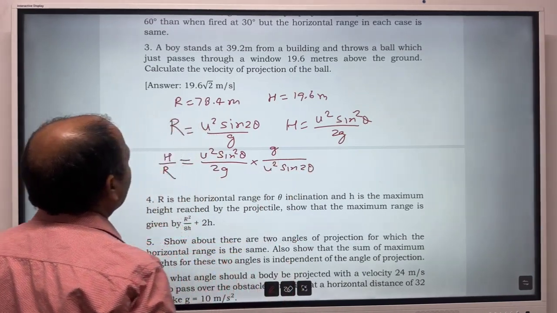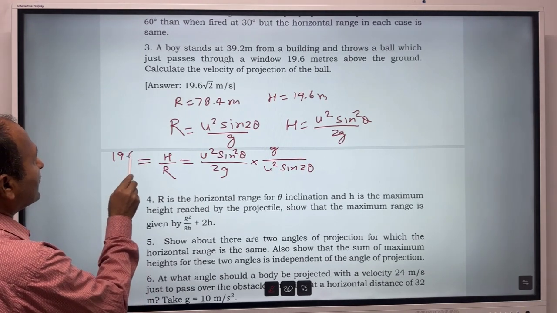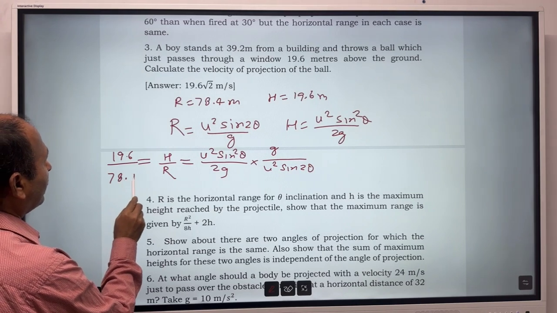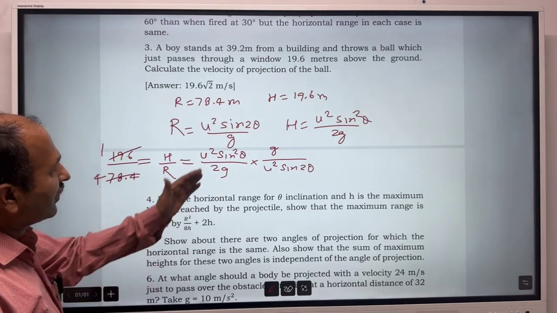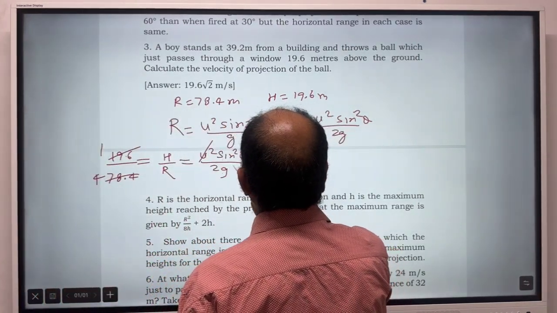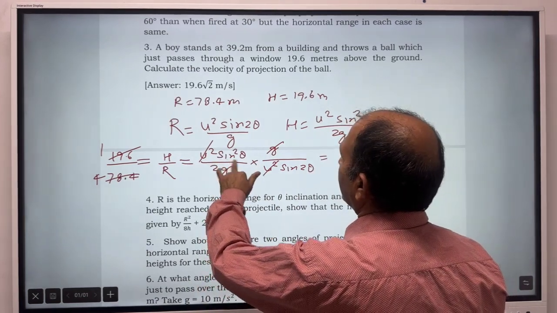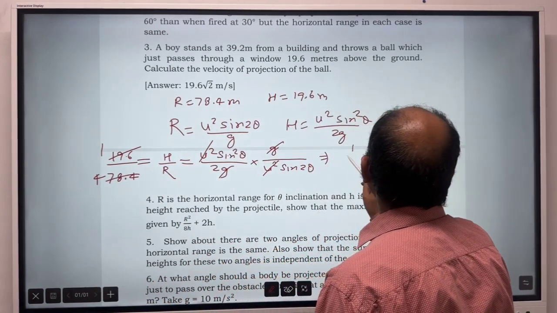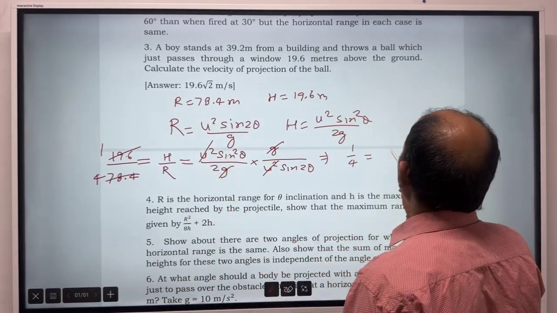And h upon R is 19.6 divided by 78.4. So 1/4. Now let's simplify here. u square, g cancel out. So what is left in numerator? Here sine square theta.